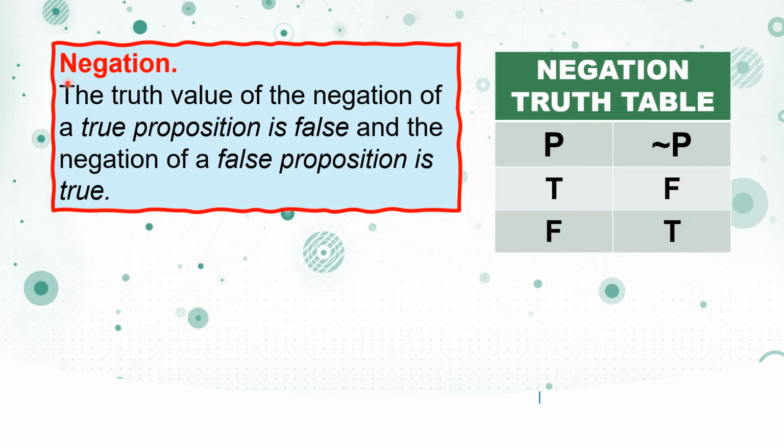Take note that negation means it's the opposite of the statement. So, kapag yung proposition ay true, yung opposite niya, therefore, is false. At pag yung false proposition naman, ang negation niya or opposite is true, as shown in that negation truth table.